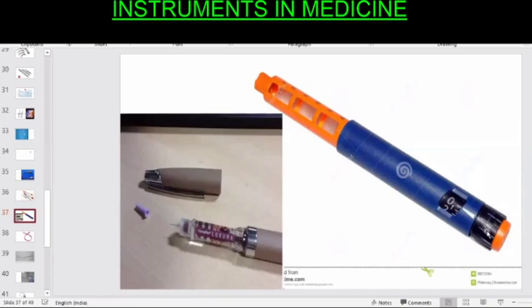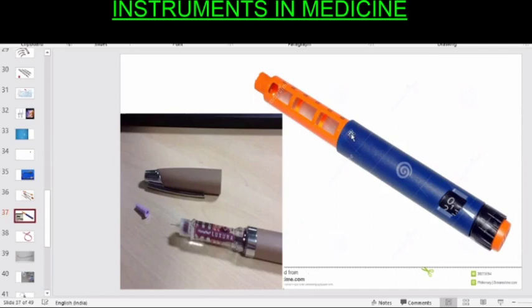You just have to use this dial. Once you rotate the dial, you can measure the units: 0, 1, 2, 3, 4. Once you decide how many units you have to take, for example 10 units, you just press the button, and the insulin will come out of the needle. It is generally given over the abdomen or over the thigh, at 90 degrees to the skin.